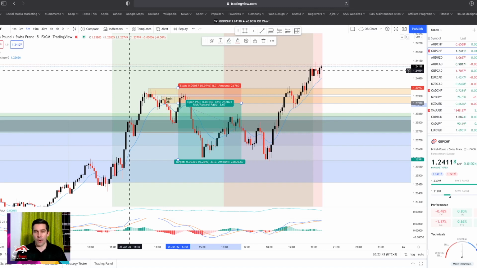As soon as the change of character happens, I will start my trades. If the first one's a loss, then I wait for the next change of character. Sometimes it takes 1, 2, 3. Even if you hit that third one, you are still breaking even for the day. You can make your 2 losses back, and then it's up to you. You want to trade again or not, you know?